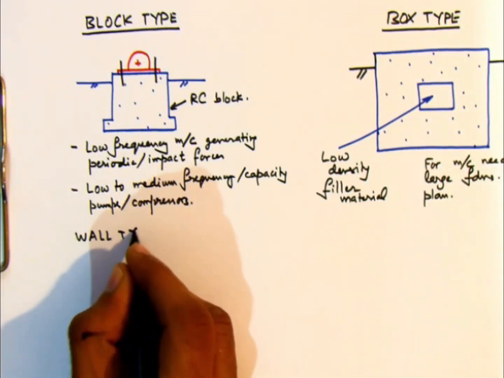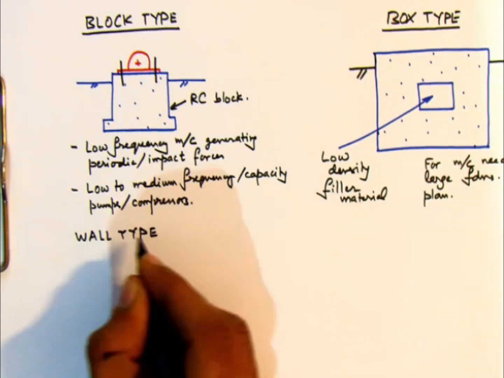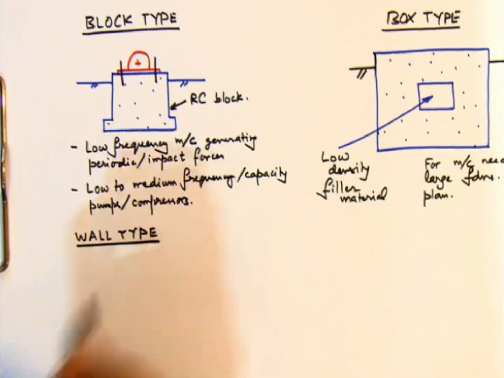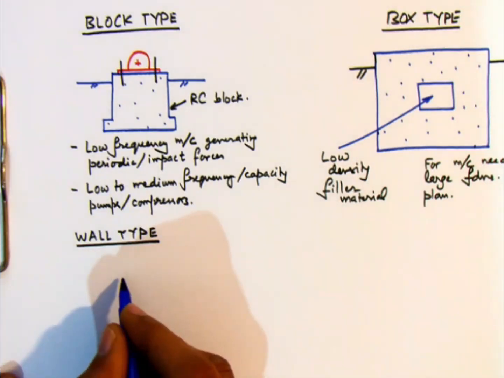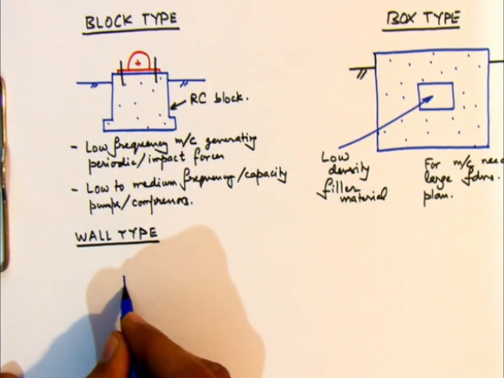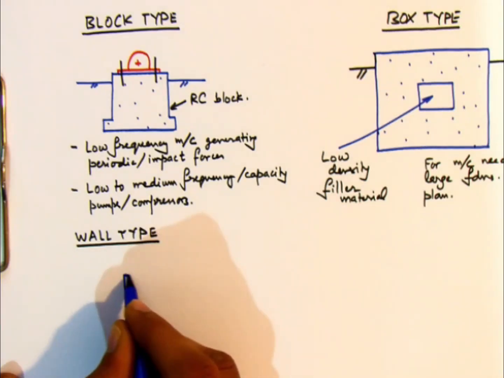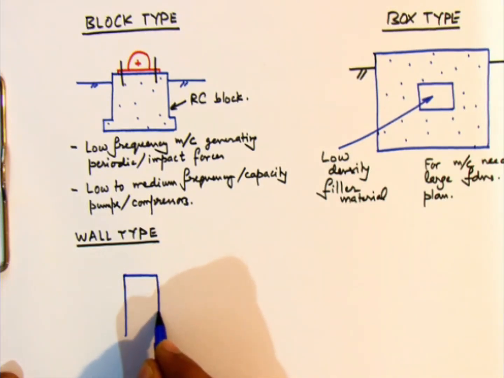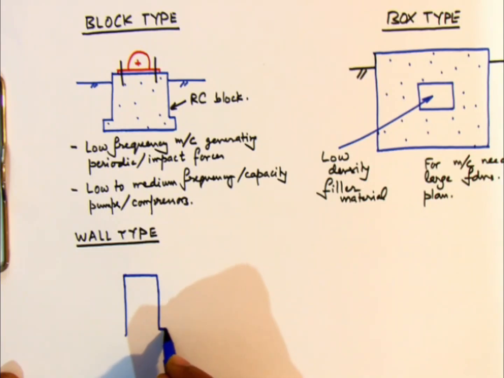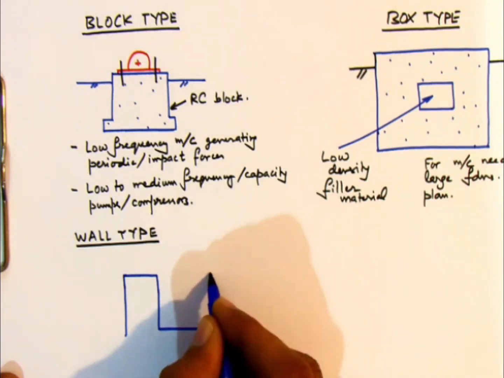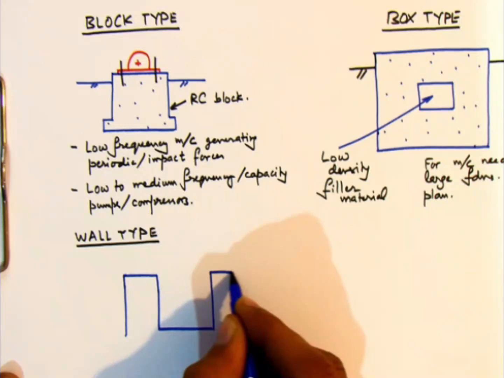The next type of foundation is wall type foundation. Essentially, this kind of foundation consists of two or more parallel walls, quite long in dimensions.